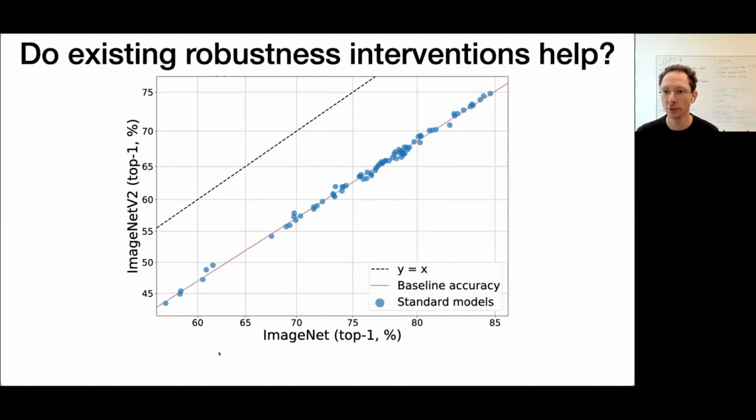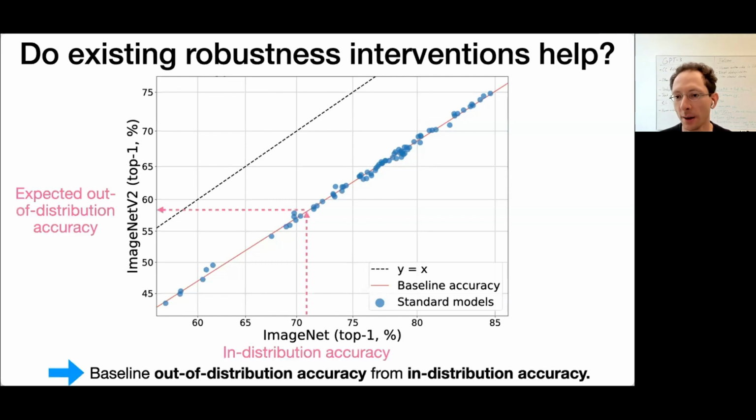You can fit a line to the blue points, and we can use this as our baseline for evaluating robustness. So basically, let's say you have a new idea for a new model, a new optimization procedure, a new architecture, and you tell me, okay, Ludwig, on ImageNet, I get 71% accuracy. Then I can look at this red line as a baseline, and I can see whether your model actually does better out of distribution than what we expect based on current models.